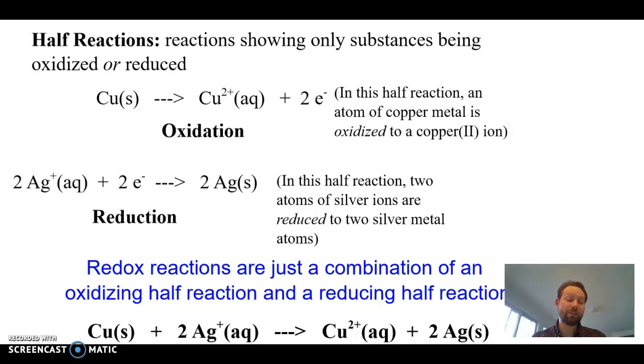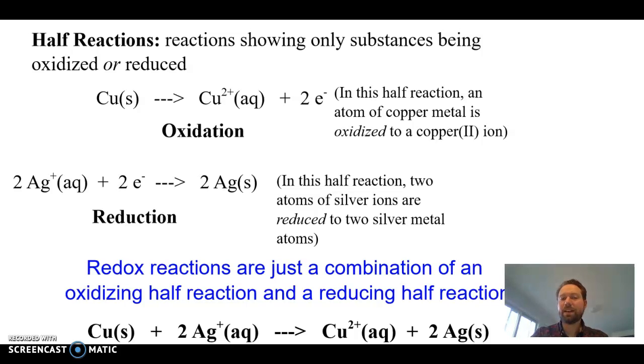Sometimes I might ask, if I give you the full reaction, can you tell me what the half reaction is for oxidation? In which case you'd have to know how to write an oxidation half reaction and which one is actually the substance being oxidized. If you again look at copper, copper went from being a neutral solid substance to an aqueous cation.